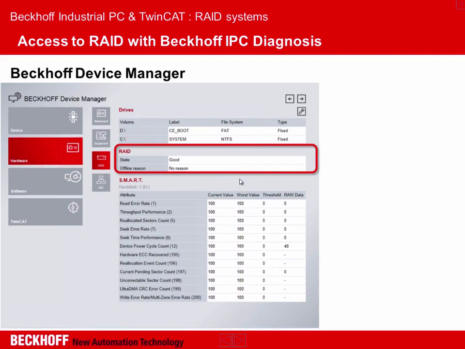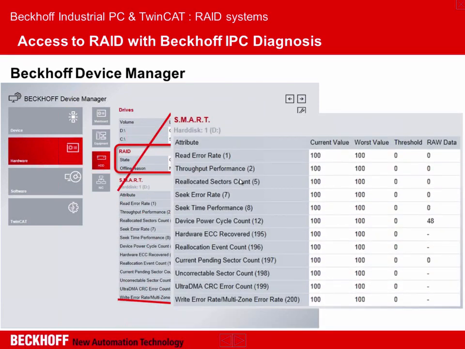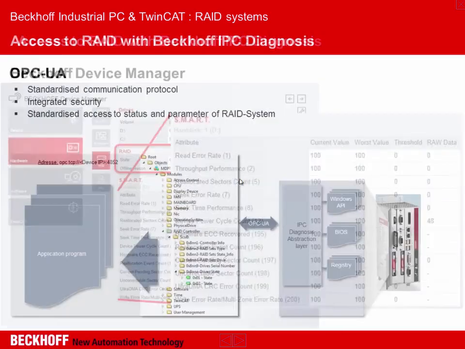This is a bigger view, so you see the state is good, and you see the offline reason. Of course you can also access the SMART information from the hard disk. You can directly check all these things and see whether the hard disk works well or not. This is the way to get the information from the web browser.